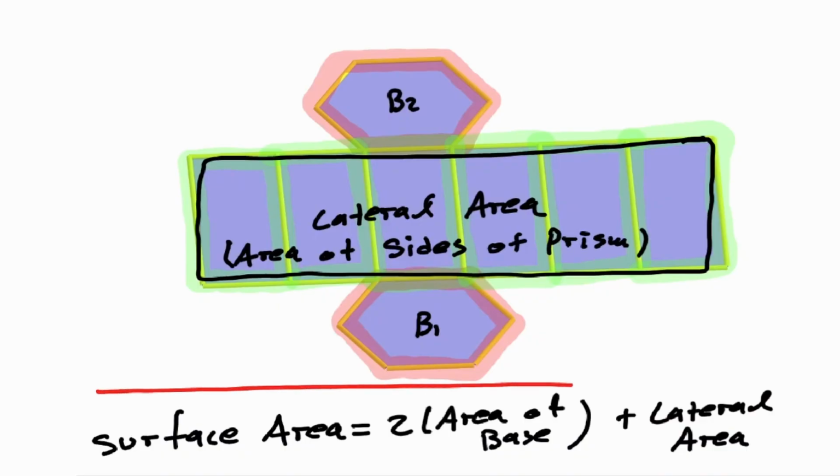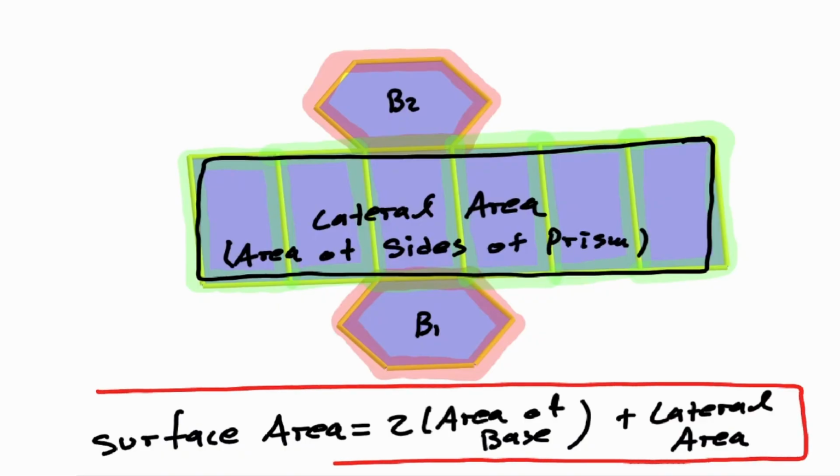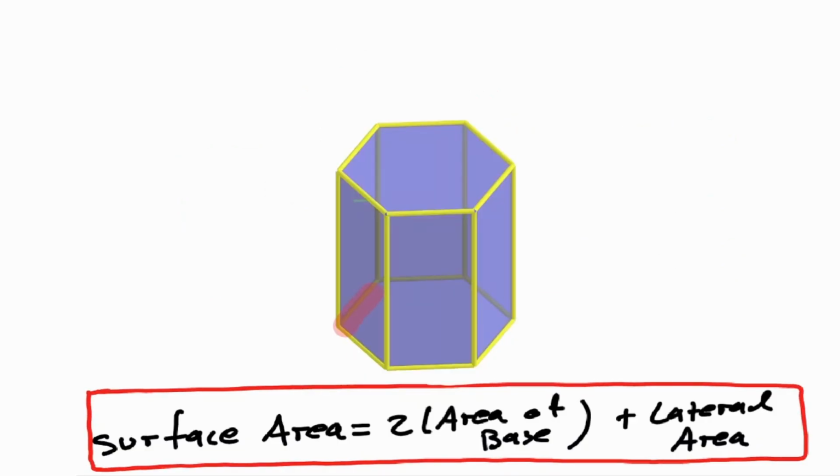Now we have a strategy to define the surface area of a prism. It is the area of the base counted twice, one on the top and one on the bottom, and then the area of all the sides that surround the figure. That will be our lateral area.